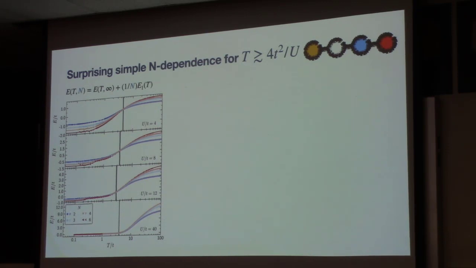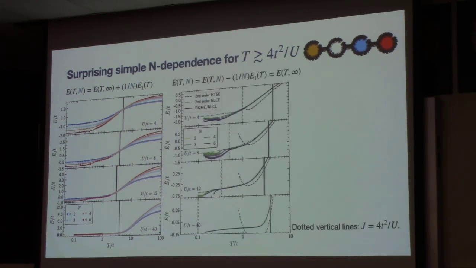When we plot for different panels, and I know there's a lot of curves, this is just to illustrate that we can vary it from U=4, 8, 12, and 40. When we compute the quantity E tilde, all of these curves collapse, and here we just zoomed in to illustrate where it starts breaking down.